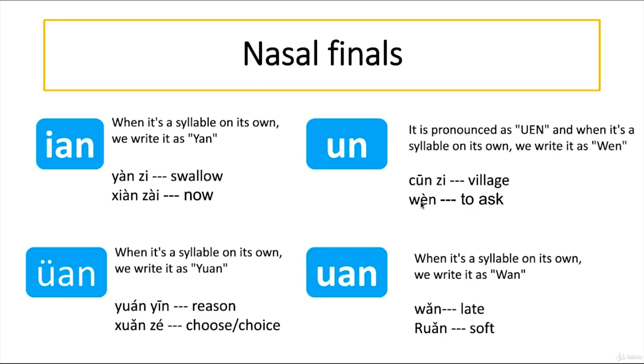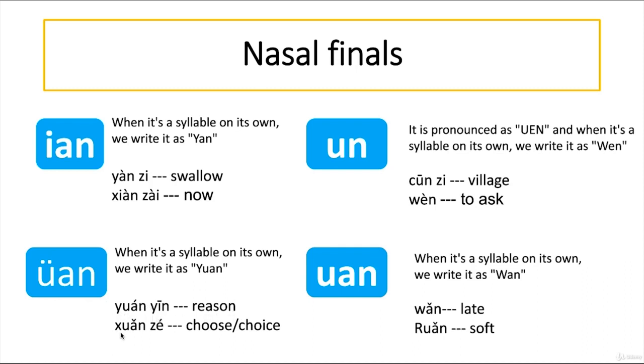Next one, 冤, yuan, yuan. When it's on its own, we write it as yuan. For example, 原因 means reason. 选择 means choose or choice.